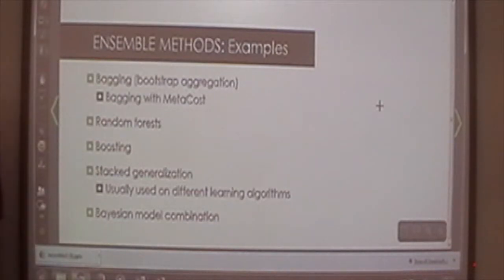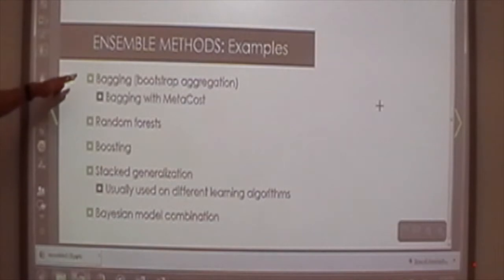So, some basic methods that we'll talk about. Really big one is called bagging, which is short for bootstrap aggregation. A subclass of that's using a particular weighting kind of algorithm called metacost. We'll discuss that.